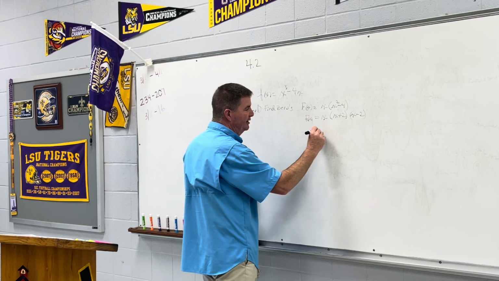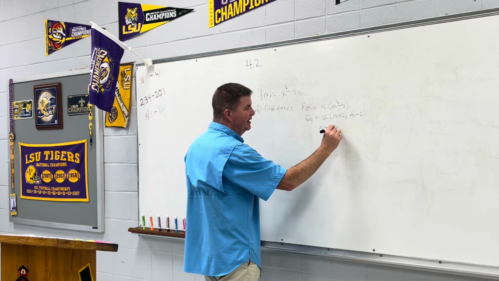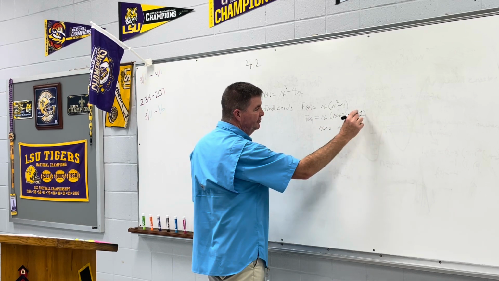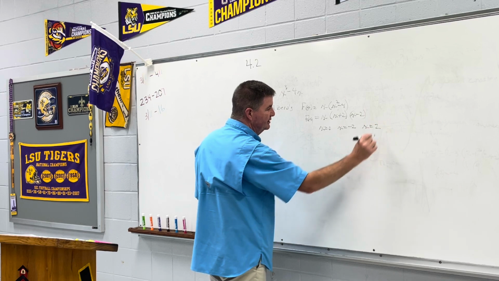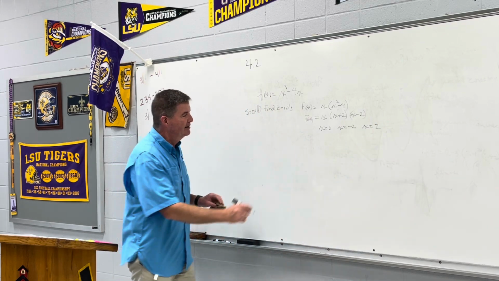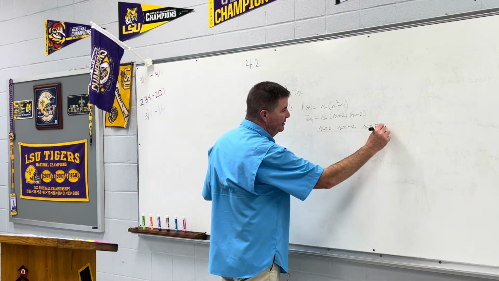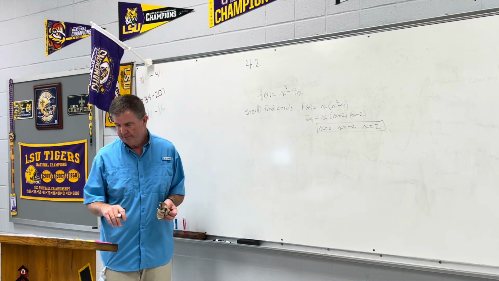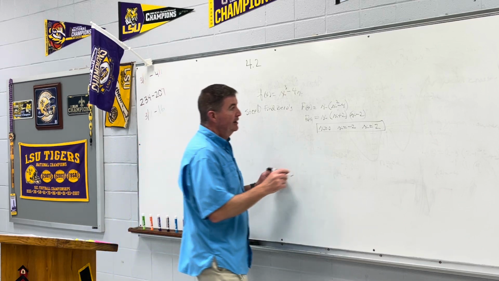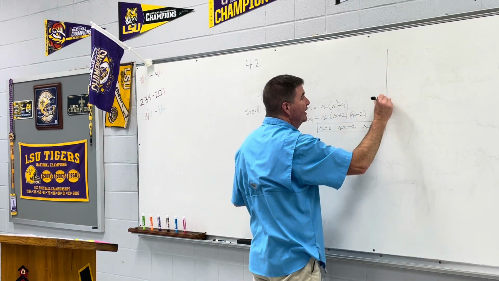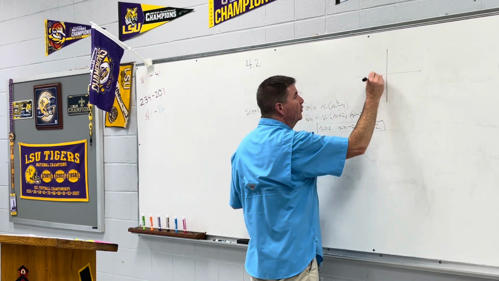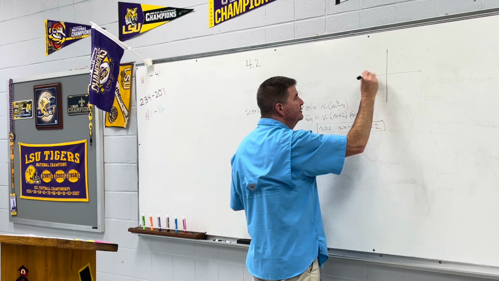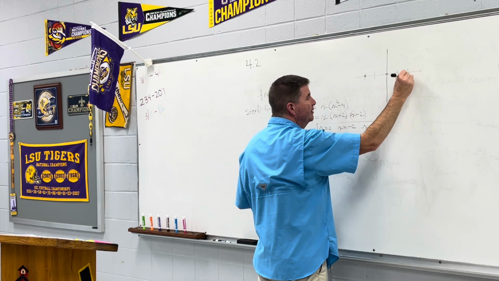And then we know that x equals 0, x equals negative 2, and x equals positive 2. So that would be our zeros: 0, negative 2, and positive 2. We can go ahead and put that on a graph: negative 2, 0, and positive 2.